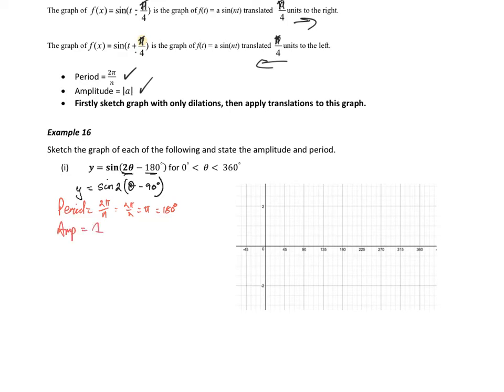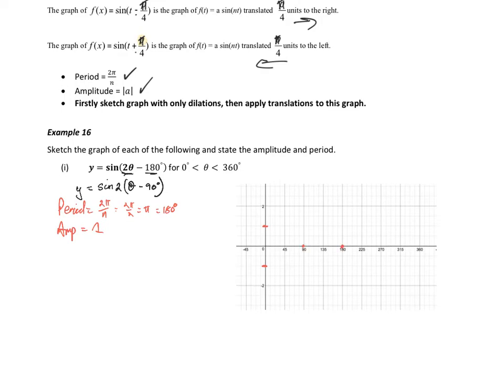First things first, sketch your initial graph, your period and amplitude graph. The amplitude is 1, so there's 1 there, there's negative 1 there. The period is 180, so we start and finish by 180. There's 90.